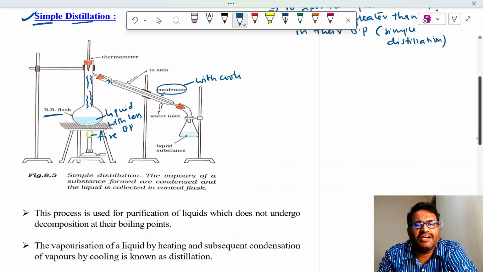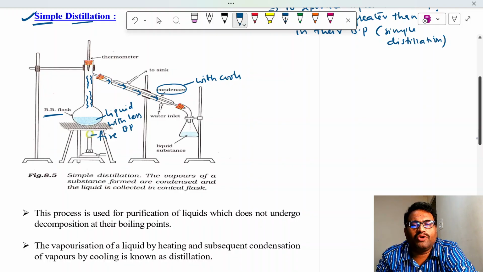So when the vapors are coming through this tube, they get cooled. When they get cooled, they get converted into liquid, and that liquid is collected here. So which liquid comes out first?